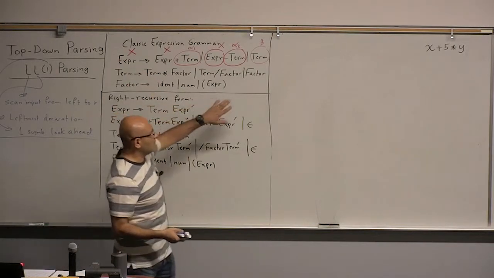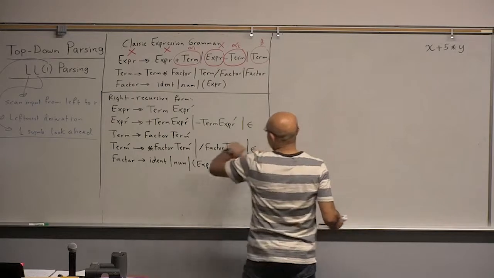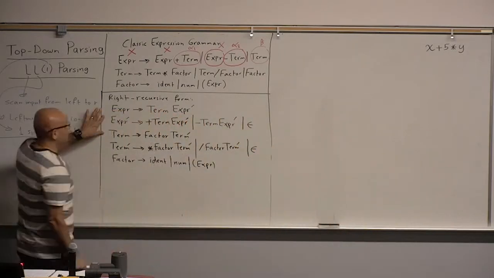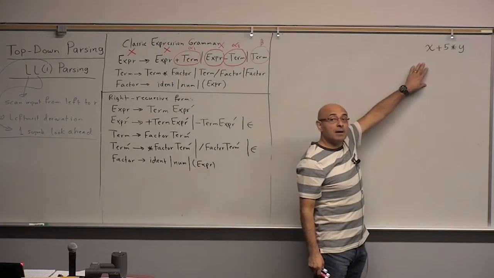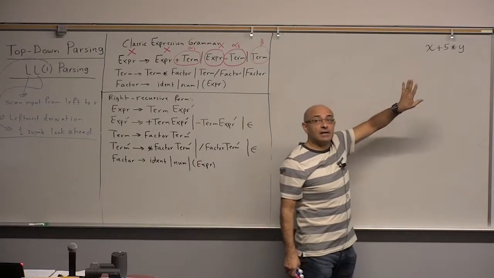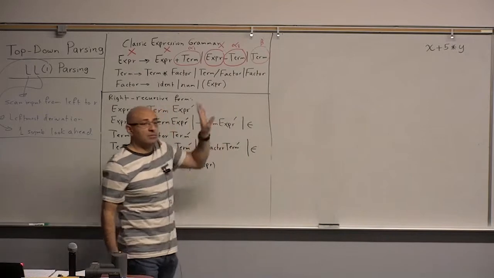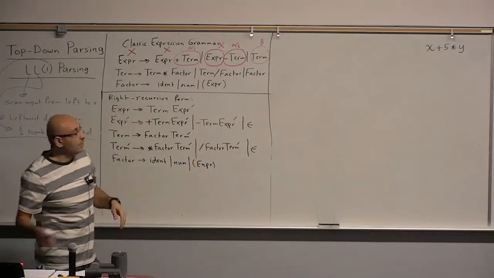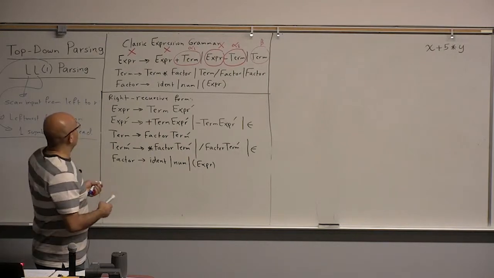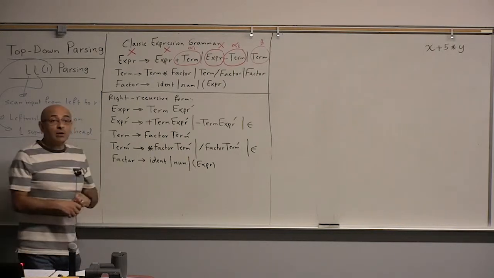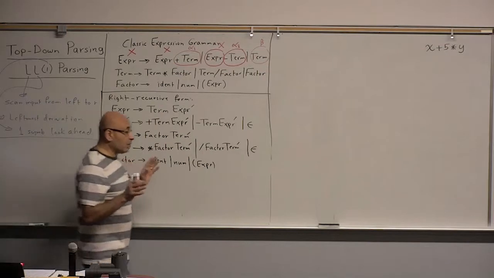So let's see how we can use this right recursive form to do parsing without backtracking. We will not have to do any backtracking. It will always be obvious what the substitution should be. So this is top-down parsing.